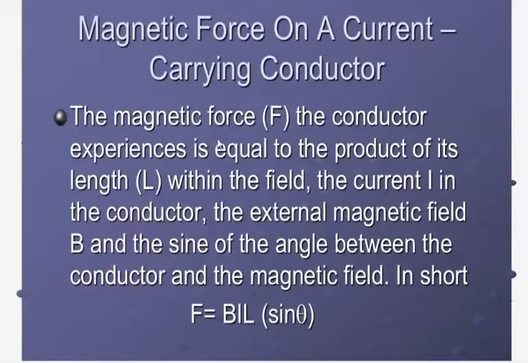So the magnetic force F that acts on a conductor which carries current when placed in an external magnetic field is equal to the product of the length of the conductor within the magnetic field, the current flowing through the conductor, the magnitude of the external magnetic field B, as well as the sine of the angle between the conductor and magnetic field.